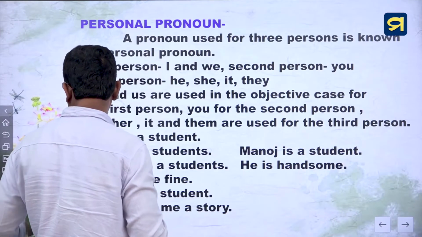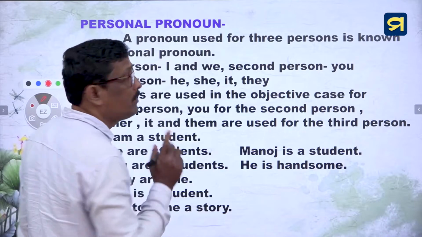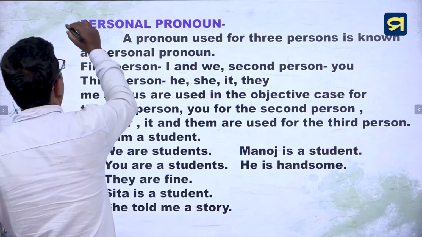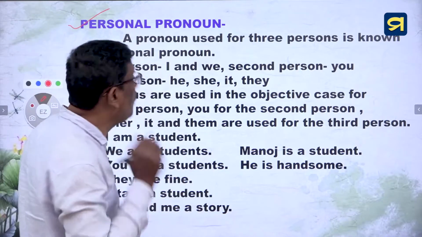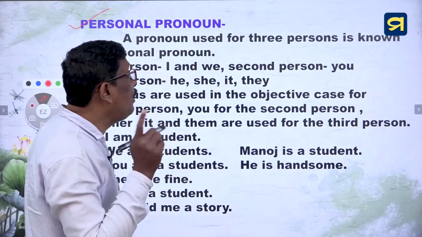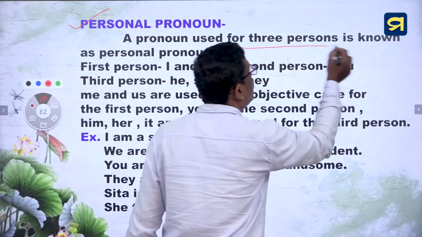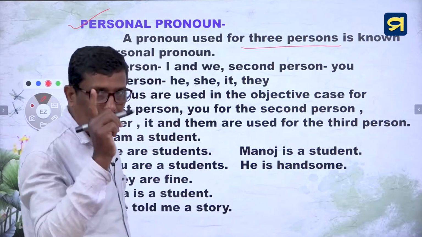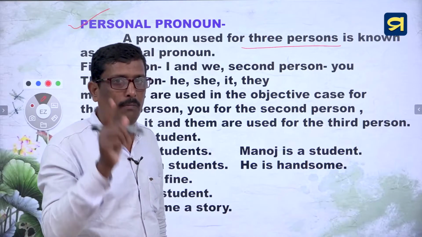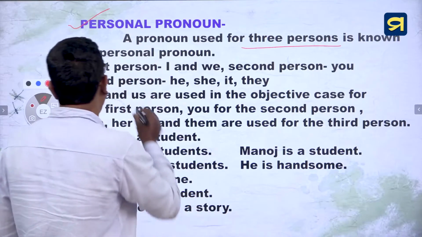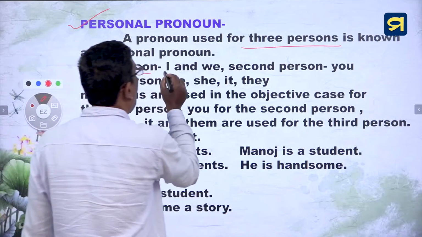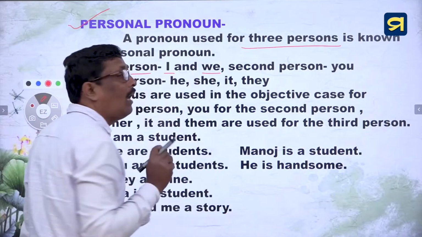First, personal pronoun. What is a personal pronoun? A pronoun used for 3 persons. Persons are of 3 kinds: first person, second person, and third person. For first person, I and we are used.